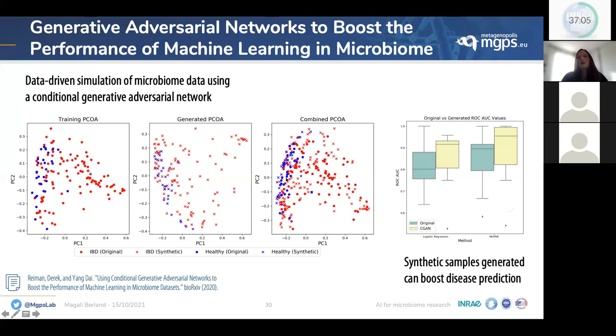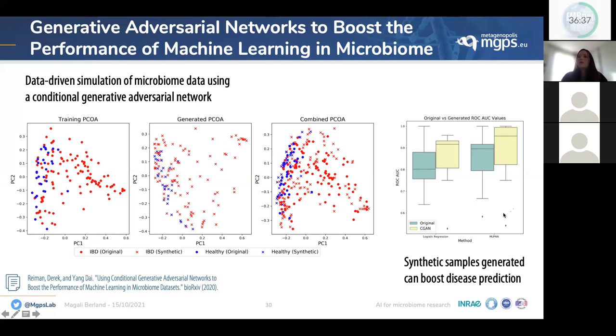And here you have the combination of original and simulated. From a visual perspective alone, it seems quite close. You cannot really distinguish the simulated from the original data, so it seems a quite good simulation.